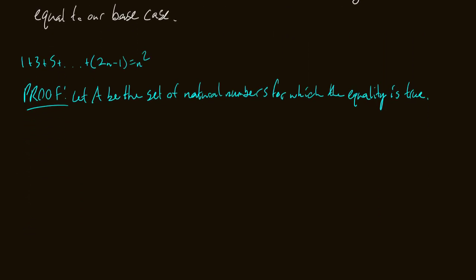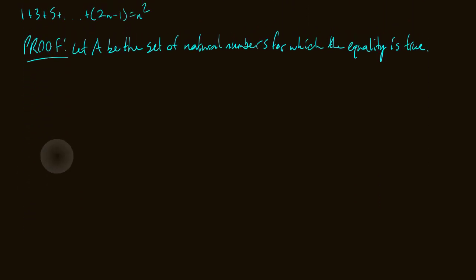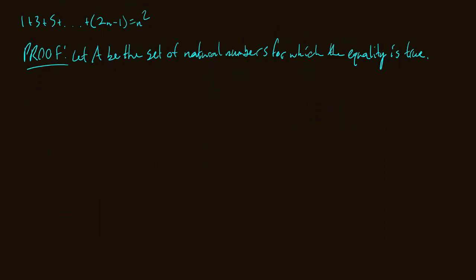Our base case, right? So we're not actually going to show that 0 is in A because look at 2n minus 1. If n is equal to 0, 2n minus 1 is negative. We can't have negative numbers. We're dealing with positive odd integers, right? So we're going to start with n equaling 1. So here's what I'm going to do.